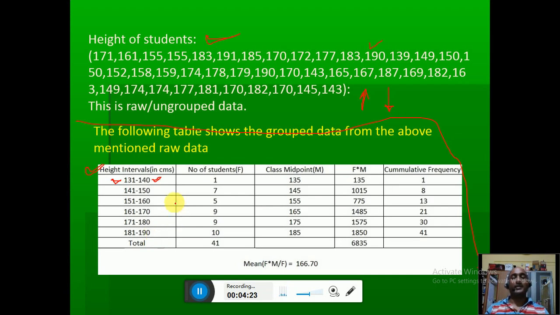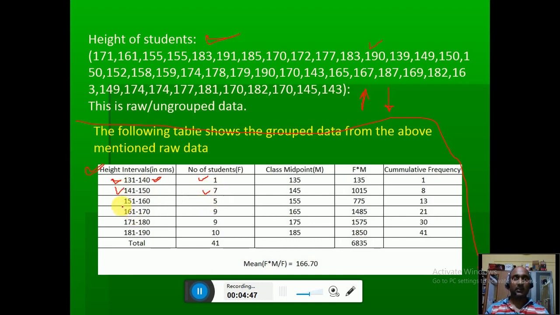Then we count the number of values in the raw data that fall in each range. We found that between 131 and 140 we got one reading only. Between 141 and 150 we got 7 readings.